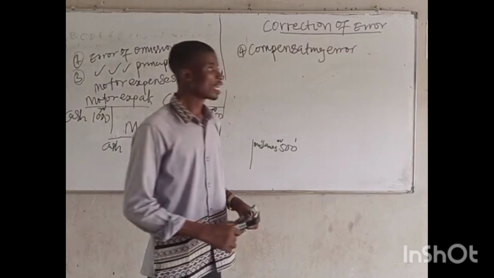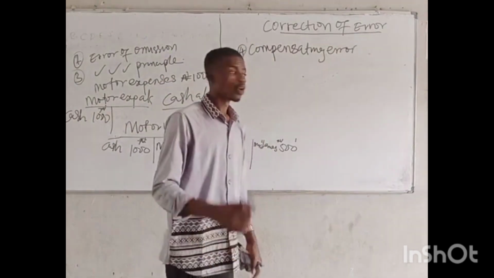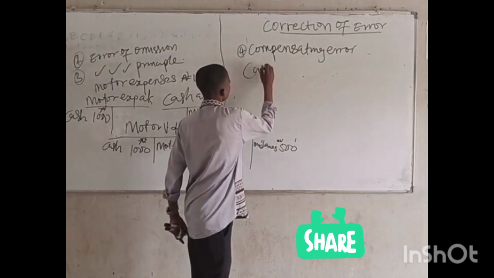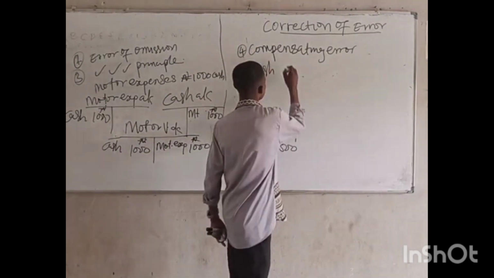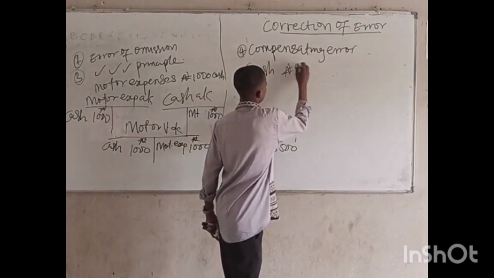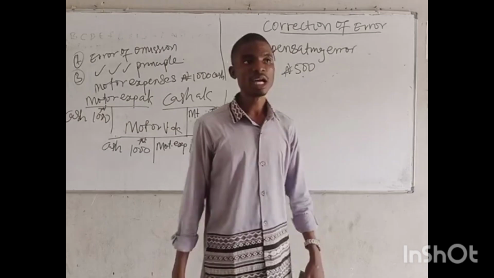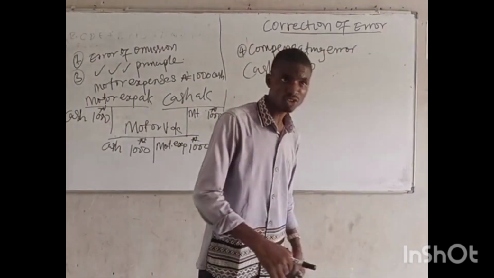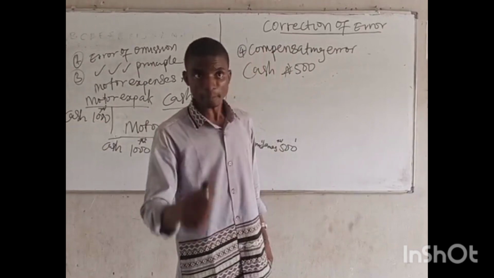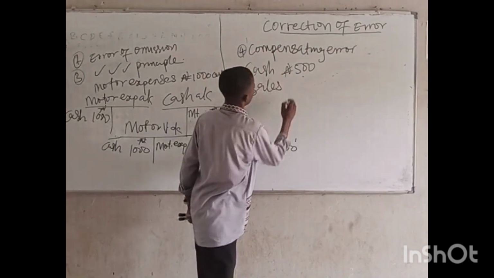For instance, if a particular cash transaction was overstated by 500 naira, and then on another occasion, a sale account was also overstated by 500 naira.